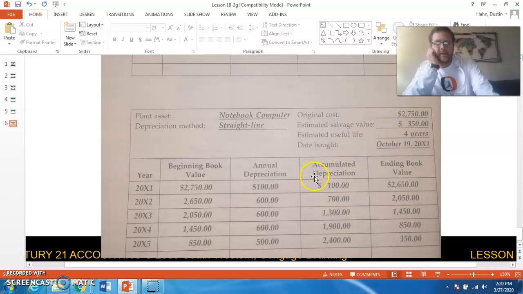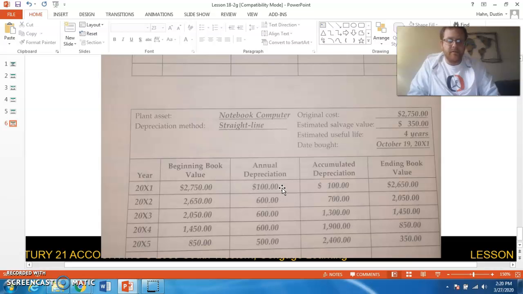Okay, so again, here's the year that we bought it in. Here's our current year. Bought it for $2,750 right there. But now, to find our depreciation, what we want to do is take that $2,750. We want to subtract $350 of it.